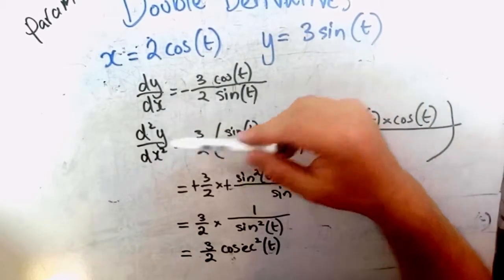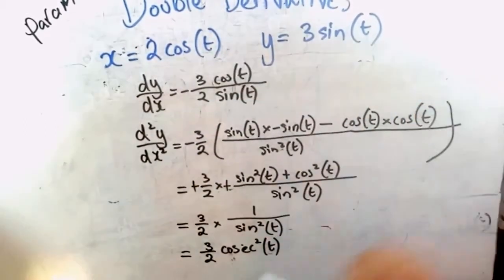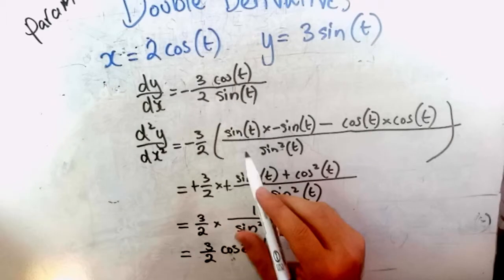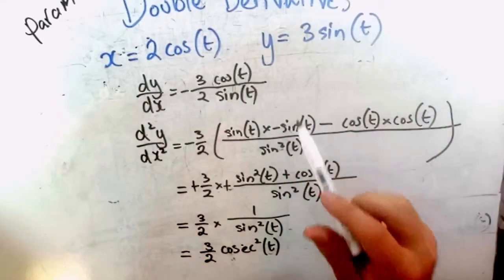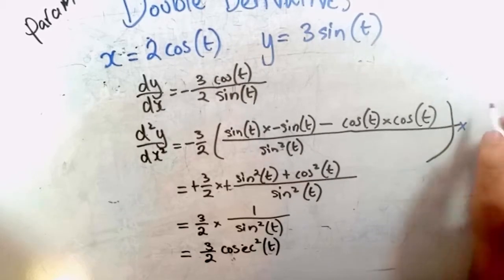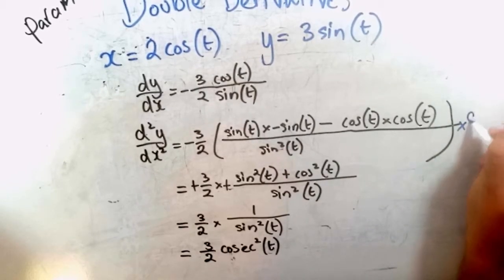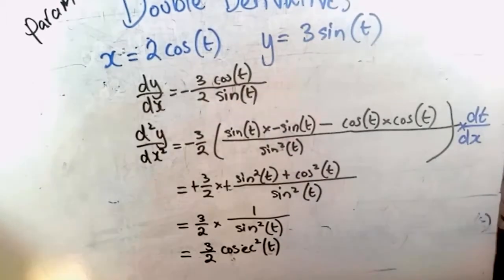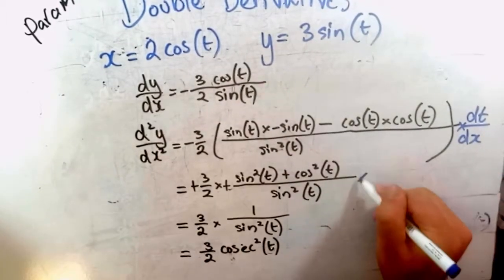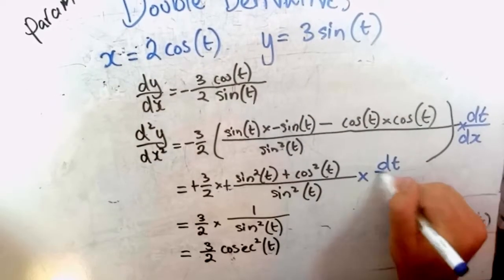This is not right. I want the derivative with respect to x. So I need to multiply this. If I've done it with respect to t, then I need to multiply the answer by dt/dx to get rid of the t's and get it in terms of x.